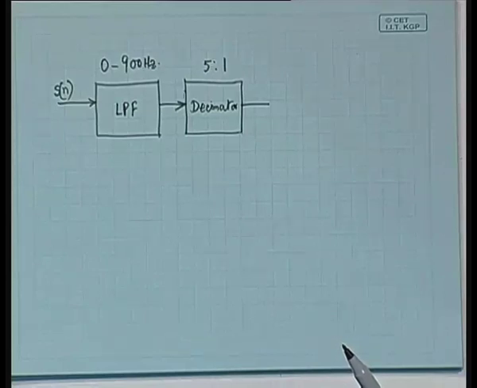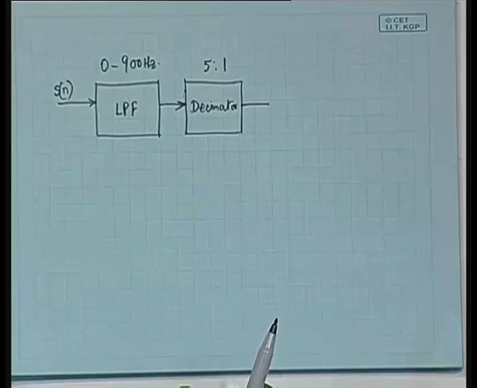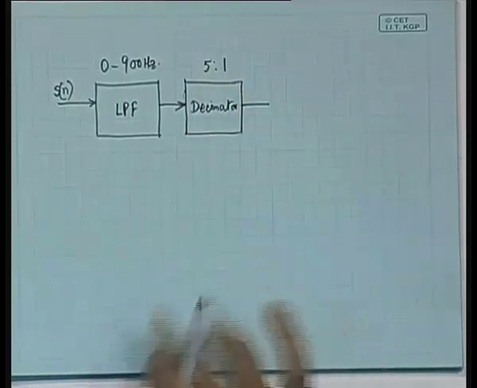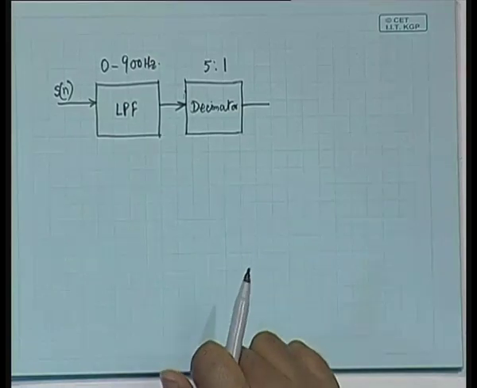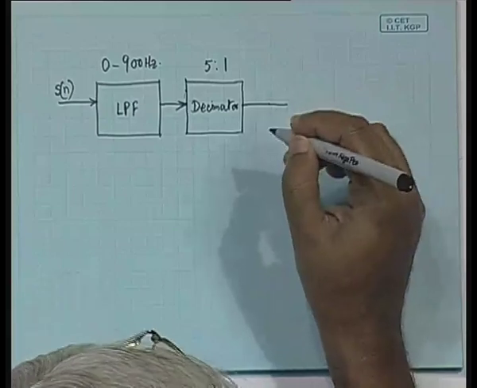You need not keep all the samples; every 1 out of 5 samples you can discard. This is called a 5:1 decimator. Basically it is just to downsample, or to reduce the sampling frequency.